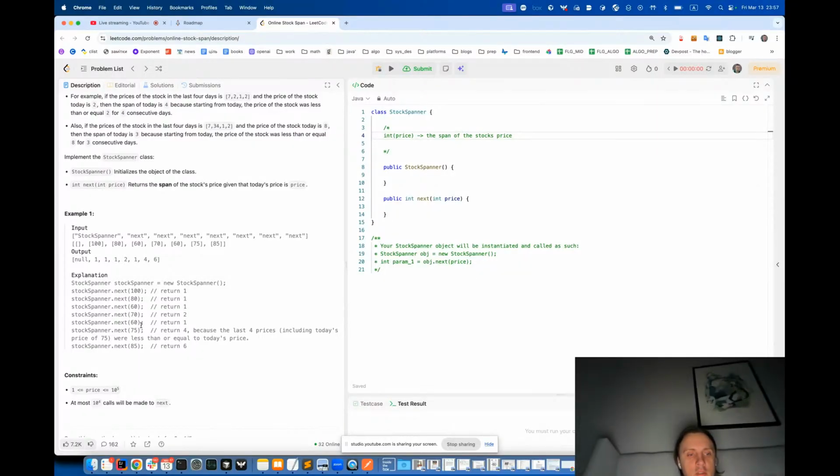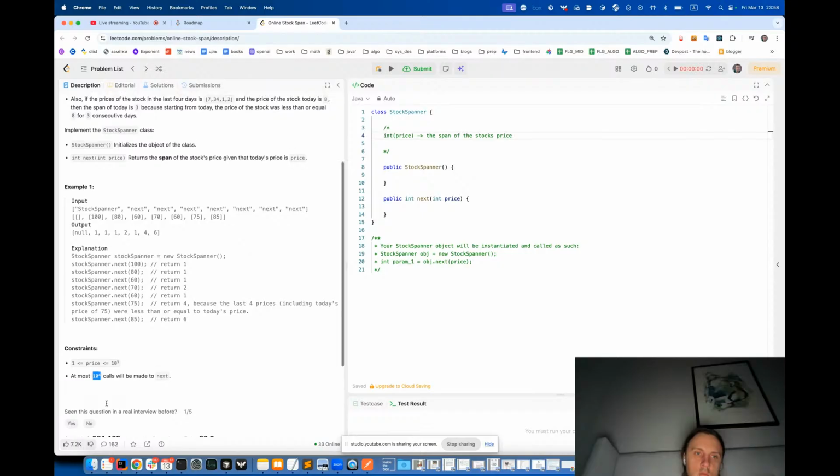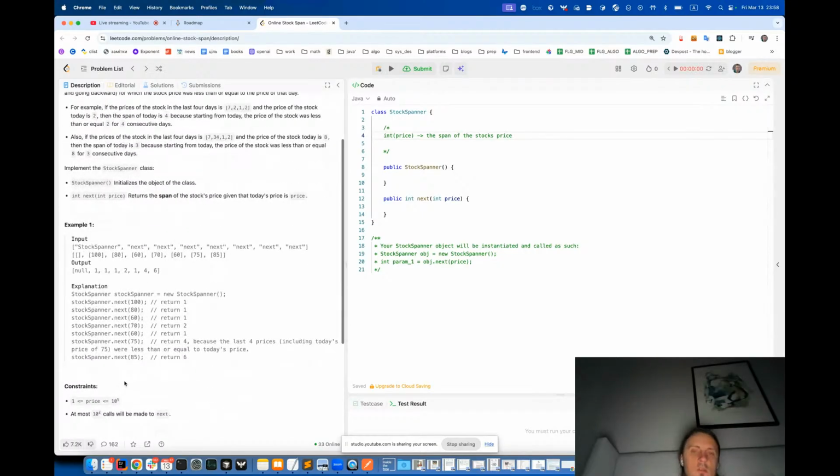We can just store them into the array and then just go backwards. But the problem here is that we have 10 to the 4th power of calls, and if we store for each call, it will be 10 to the 8, I think. It's quite a lot, but we can try to implement it. So let's try to implement with just a simple list.